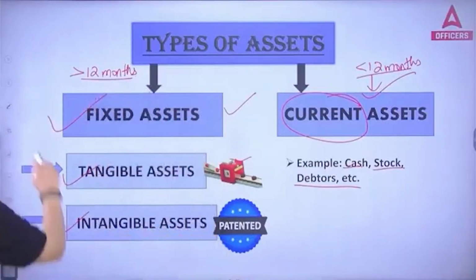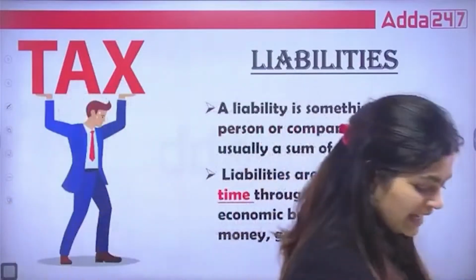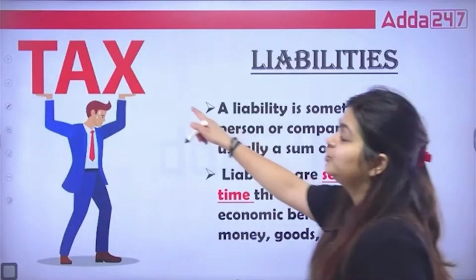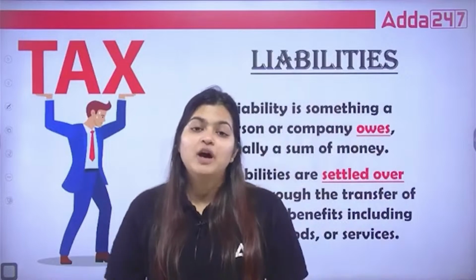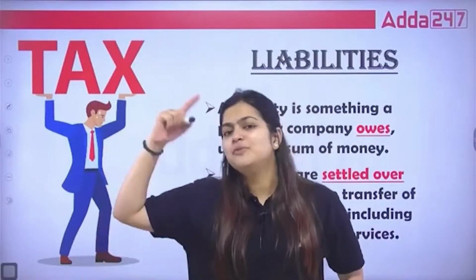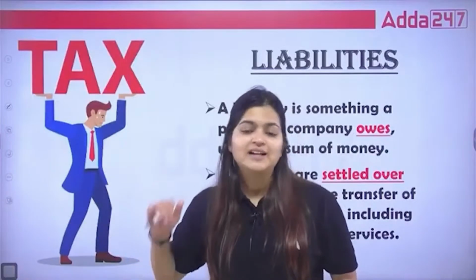Correct? Now, coming to the next part, that is your liabilities. Now, what are liabilities? See, you need to pay the tax. If you have taken a loan, you need to repay it. Means you have some obligation. When you have some obligation to repay, that is your liabilities. Like you need to pay tax to the government.